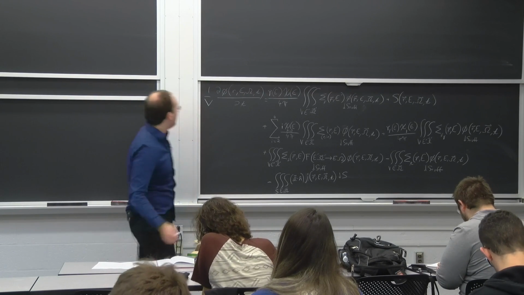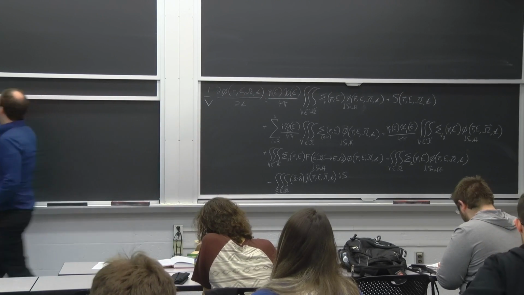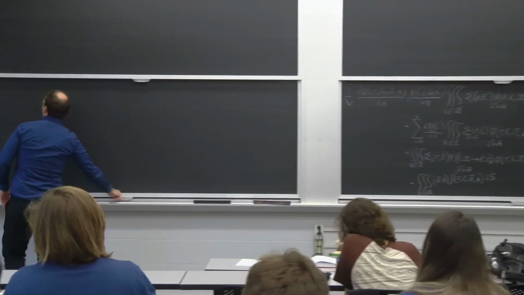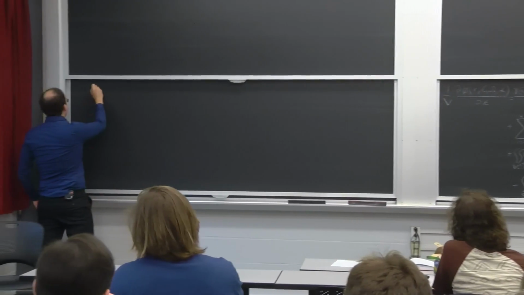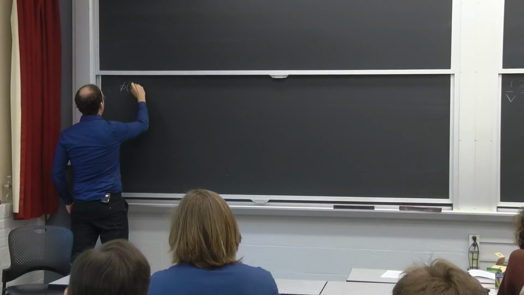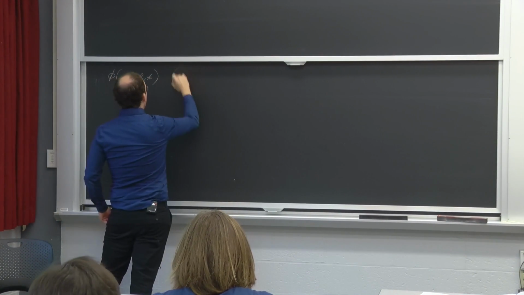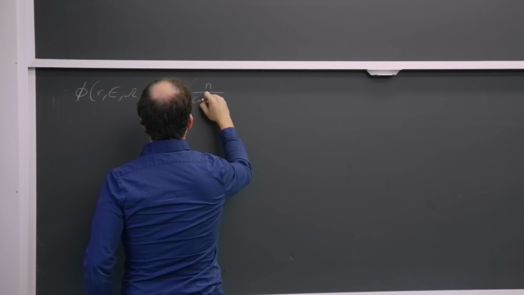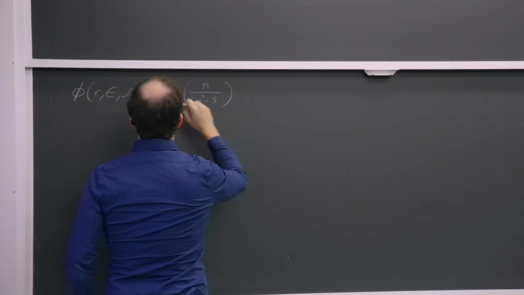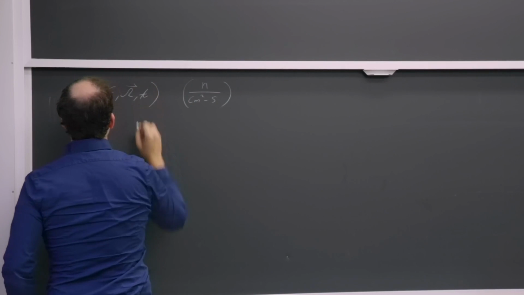So I want to get a couple of variables up over here to remind you guys. We had this variable flux, phi of r, E, omega, t, in the number of neutrons per centimeter squared per second traveling through something.